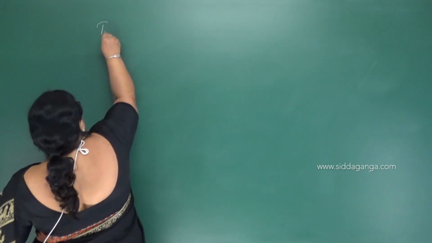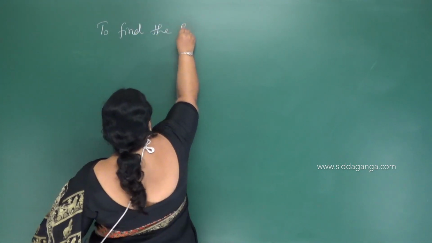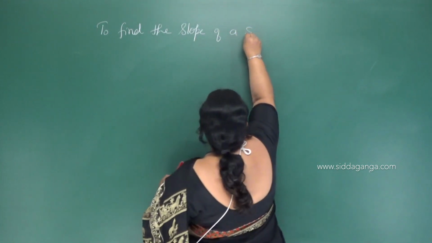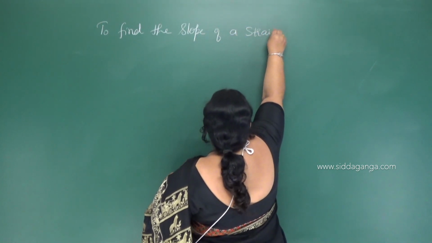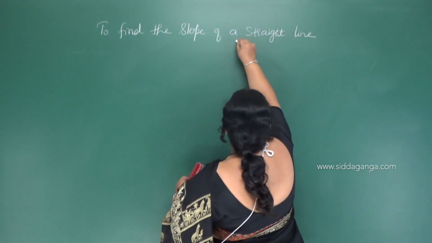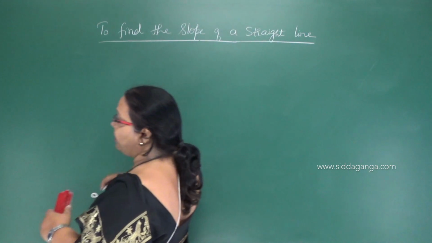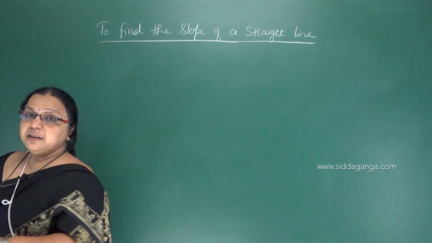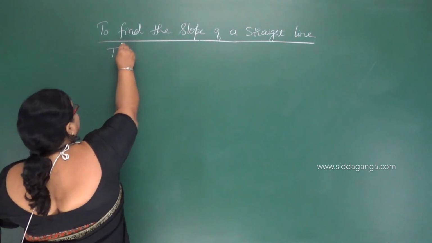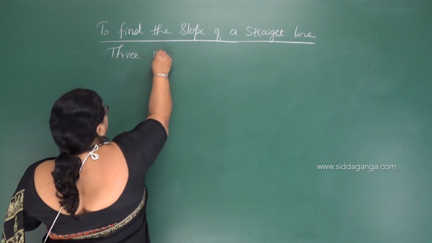To find the slope of a straight line, there are three methods.